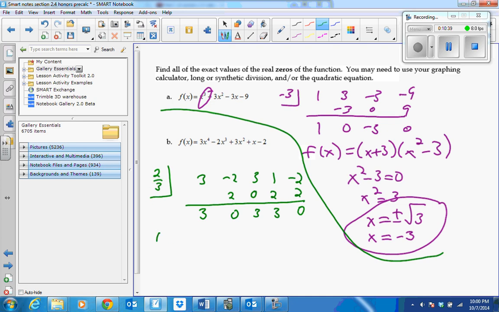This actually gives us 3x minus 2 as a factor. And then what we get for our quotient here is 3x squared plus 3x plus 3. And we can pull out the greatest common factor of 3 from this one.